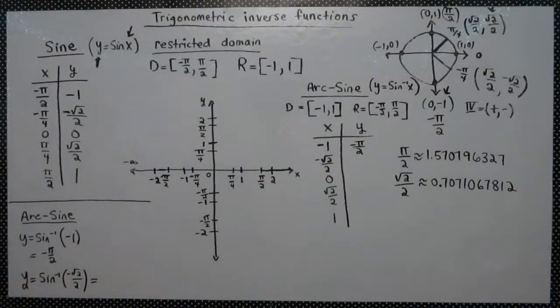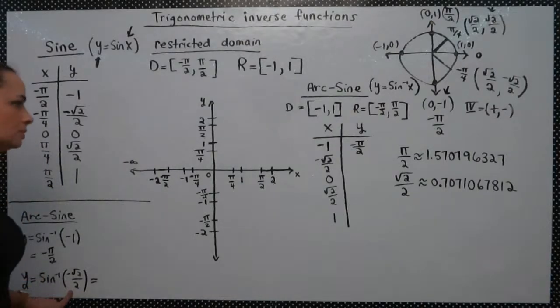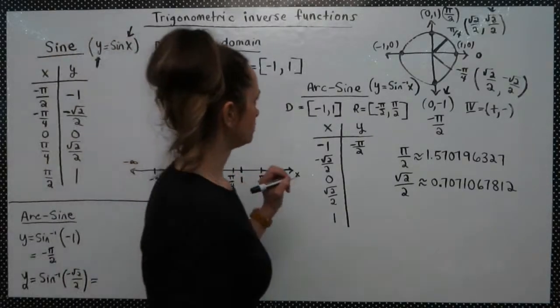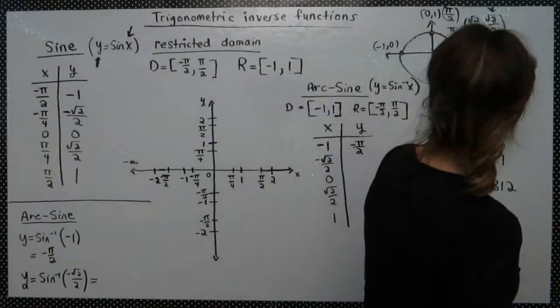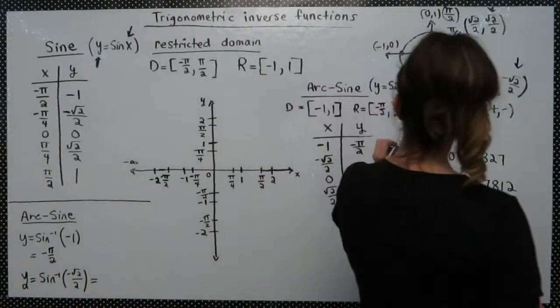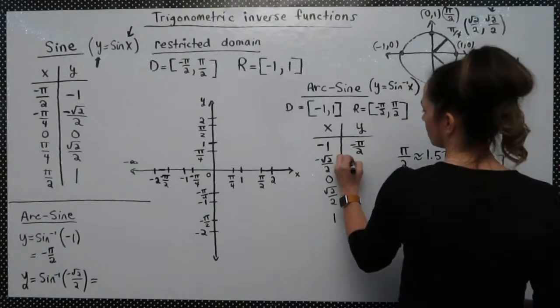When is sine inverse of -√2/2? It's at -π/4. Look at your unit circle right there, and it's -π/4.